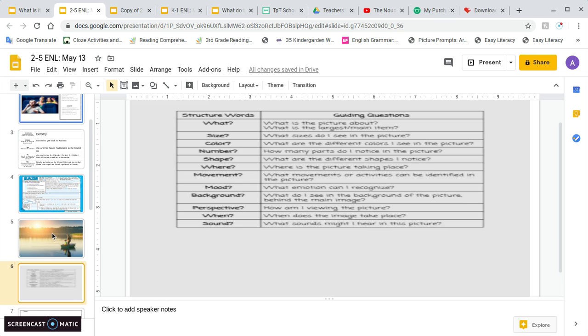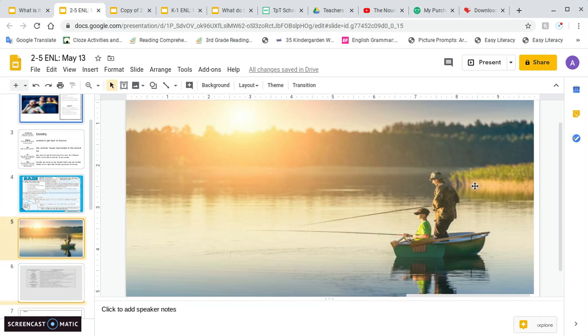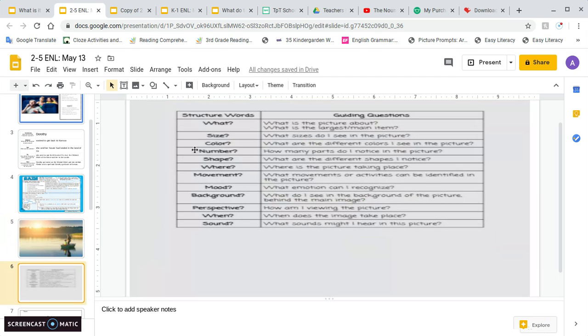And then I'm going to do colors. What colors do I see? Green. I see the orange of the sun a little bit, maybe a purple in the sky. He's wearing green and camouflage colors. He's wearing electric green. The boat is green. So those are some of the colors. And then shapes. And then I would talk about where they are. I just said it was a lake. Are they moving?